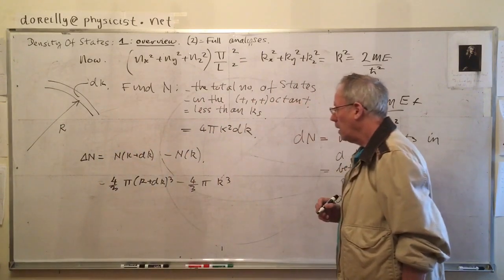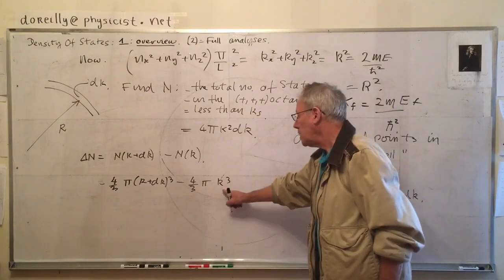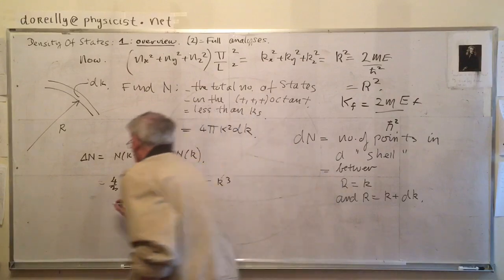It's the number between k plus dk and this sphere and the slightly bigger sphere.